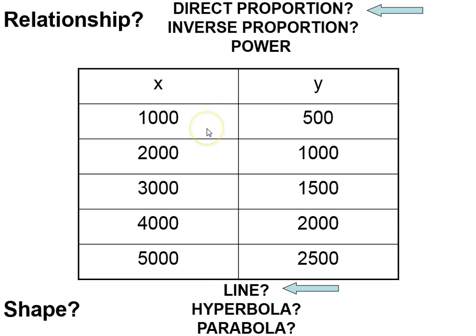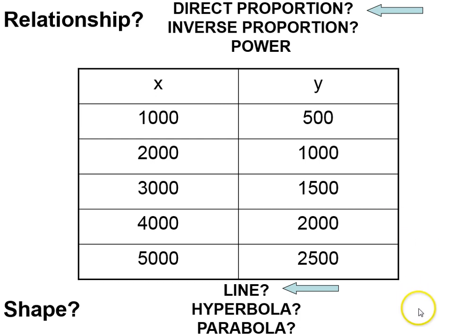Every time you move forward by 1,000, you're moving up by 500. That would correspond to a slope of 0.5, or 1/2, and of course that would be a positive value. So simply by looking at this data, you can tell that you've got a direct proportion, and you know that the slope is positive and it has a certain value. A very important type of relationship.